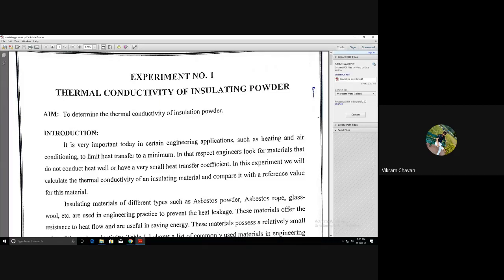Some are used for heating, some for cooling, some to avoid heat transportation, some to increase the heat transfer rate. But the property that is very useful to understand whether a material is a good conductor or a good insulator is nothing but the thermal conductivity.